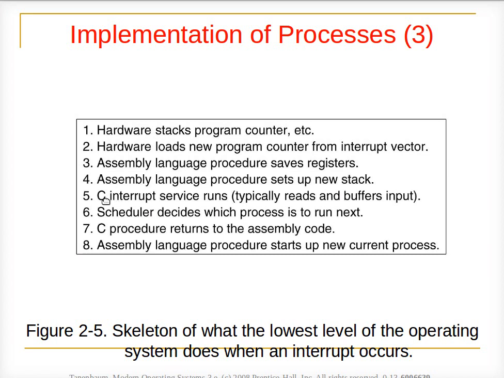So then there is the C interrupt. So we need to be able to somehow externally address the processes when they are running. So that's where the C interrupts come in, and they are definitely for the reads and the I/O, so the input side, so buffer input.